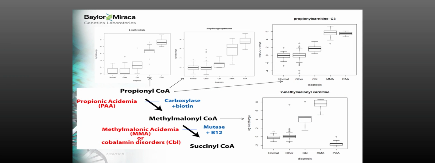These are box and whisker plots of various compounds in various different disorders. On each of these squares, the first box and whisker plot is going to be our normal or control population. The second is other inborn errors of metabolism other than propionic, methylmalonic, and B12 disorders.